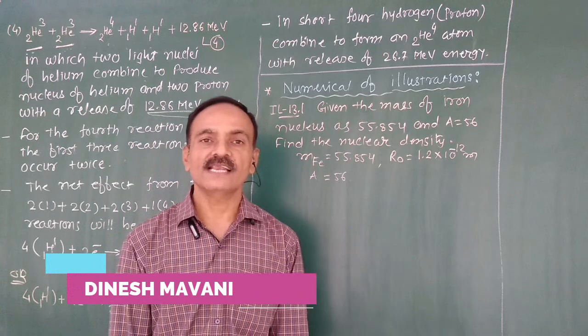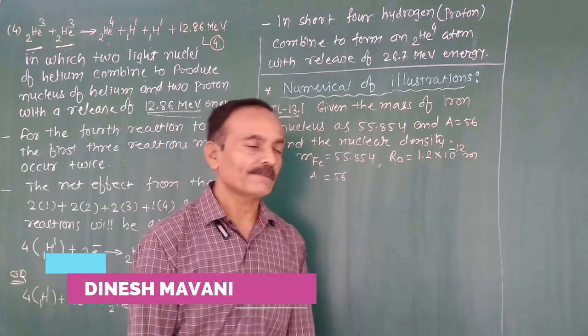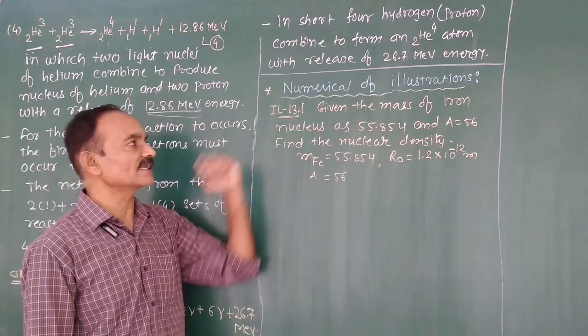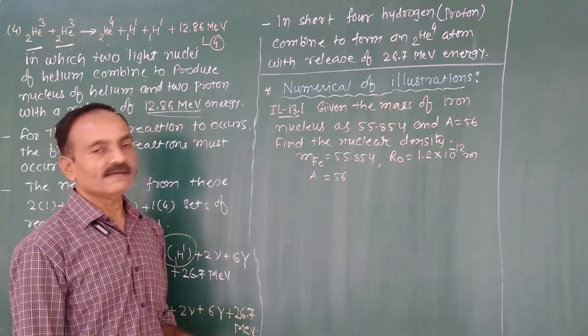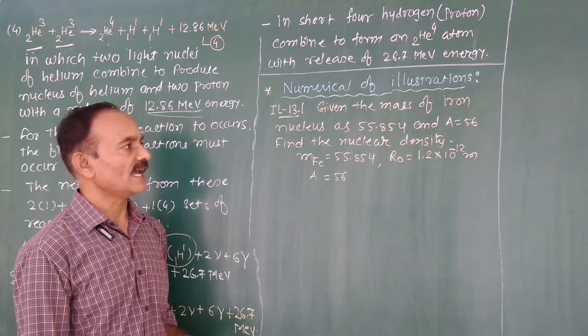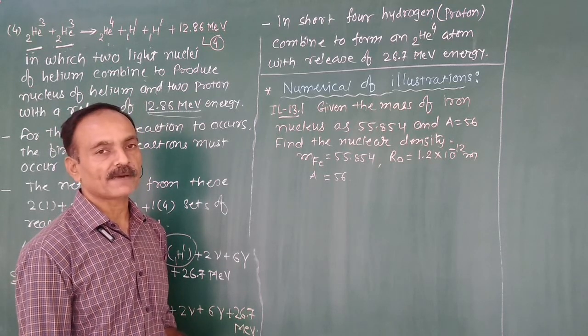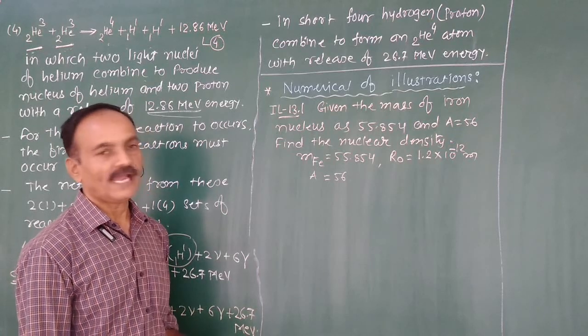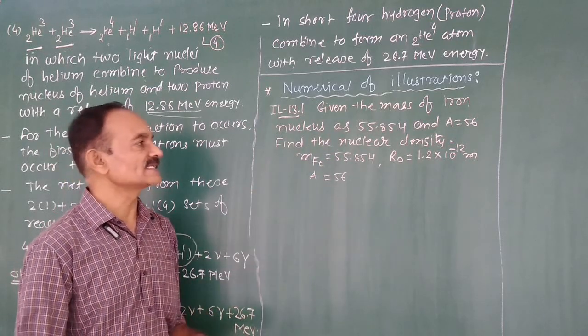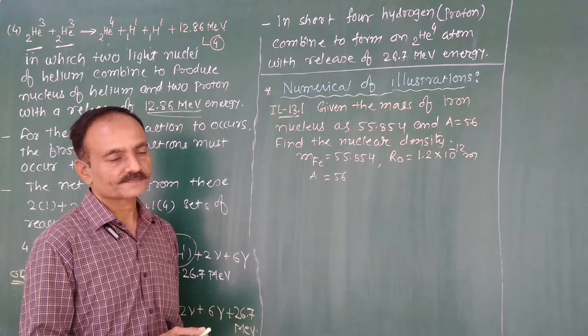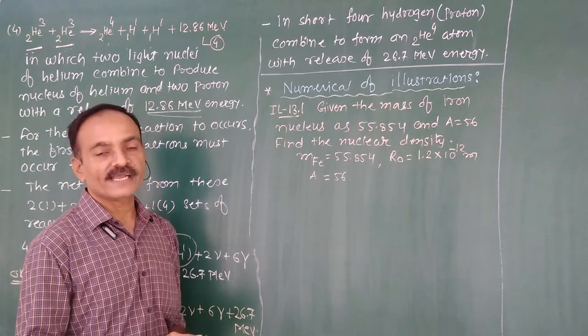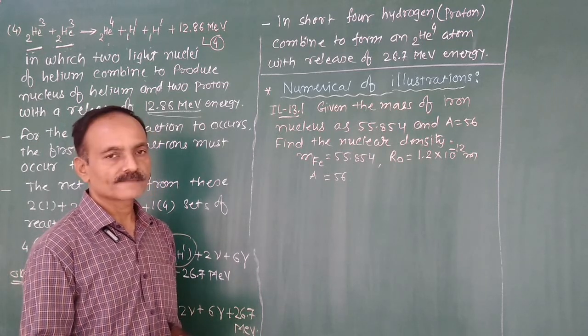After that, the illustration of this chapter, the first illustration 13.1. Given the mass of the iron nucleus as 55.85 atomic mass unit, and atomic mass number A is equal to 56. Find the nuclear density of iron.